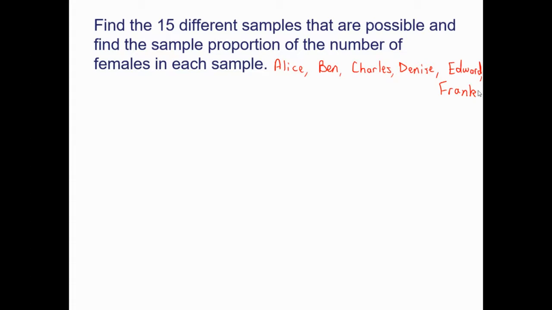Okay, so we need to go through here and think every possible pair that we can have, and the proportion of females in that sample. So I'll do the first one so y'all can see how we want to do it. Sure. Are you saying just do like A and B? A and C?